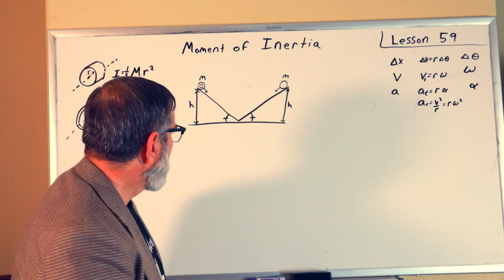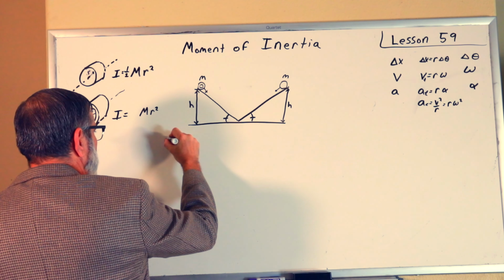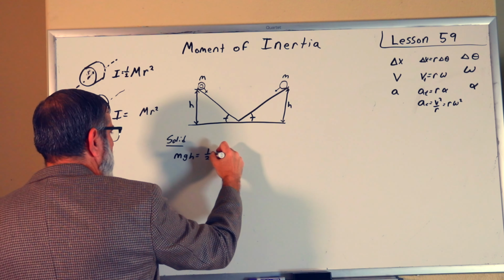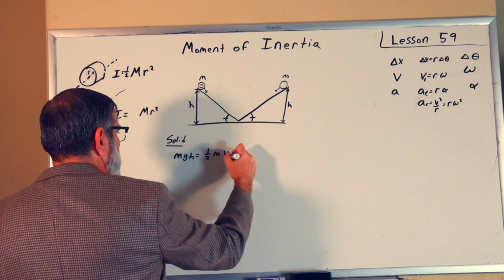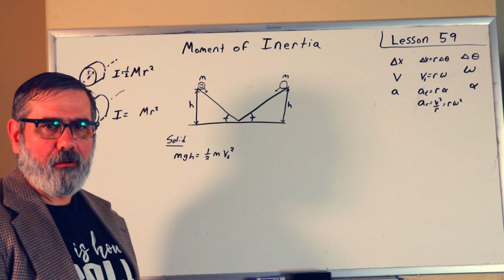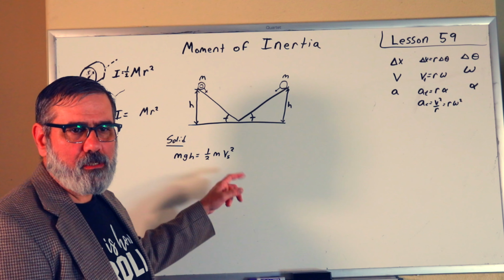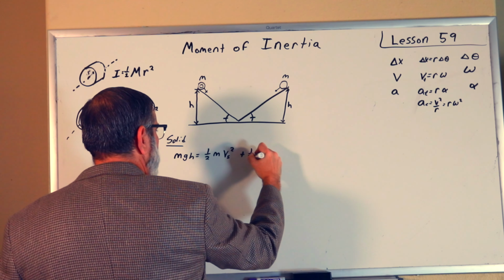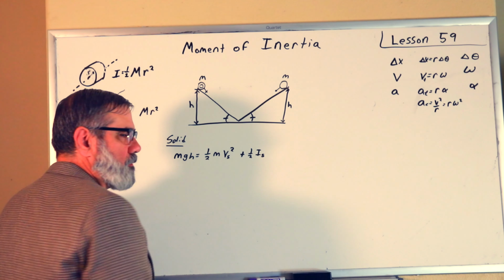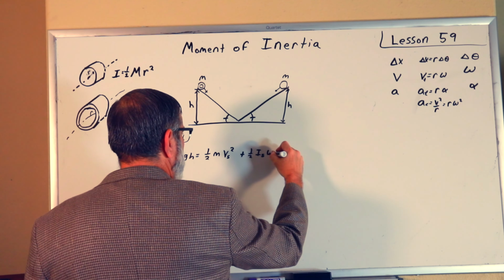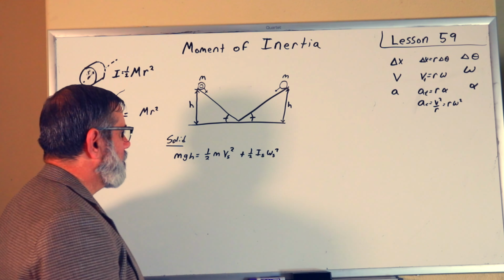We're going to do the same thing with the ramp. Let's consider the solid sphere. mgh will be equal to 1/2 mass times v sub s, for v solid. This is its center of mass velocity, by the way. Plus 1/2 I sub s, for the solid moment of inertia, times omega sub s squared.